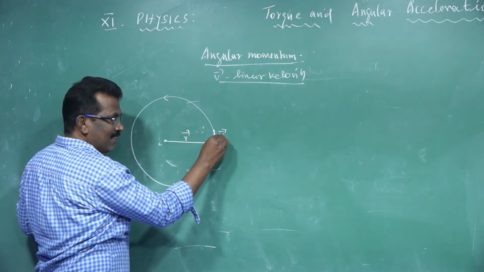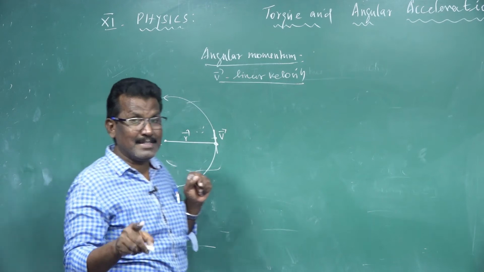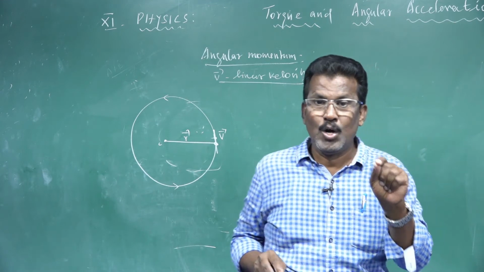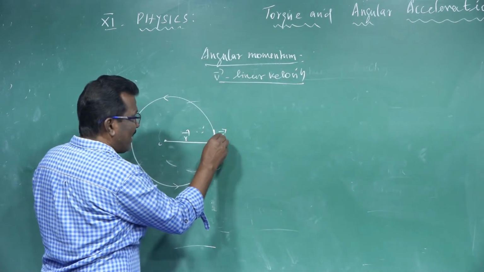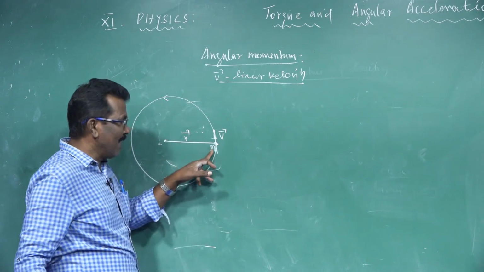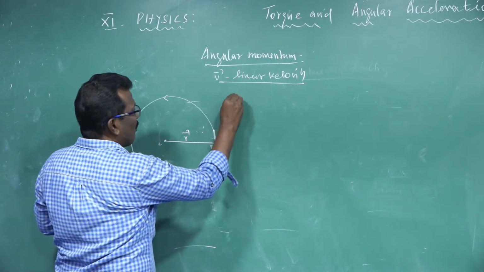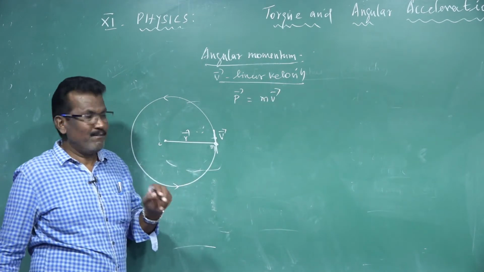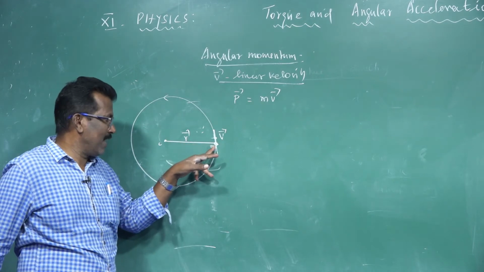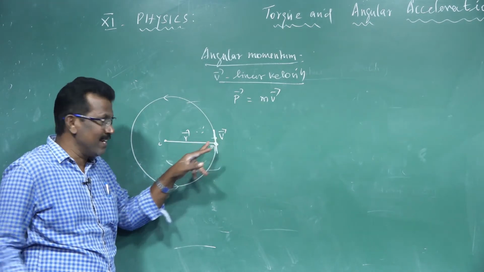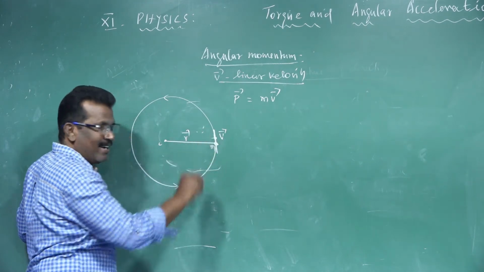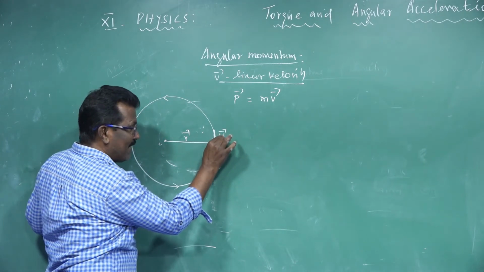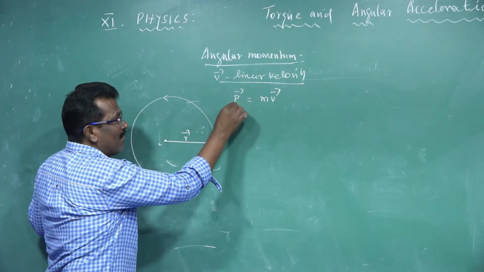If you multiply mass and velocity, we get another physical quantity called linear momentum, the product of velocity and mass. So P vector is equal to m v. The particle of mass m moving with a certain velocity in this position has linear velocity, and the product of the linear velocity and the mass is called linear momentum.